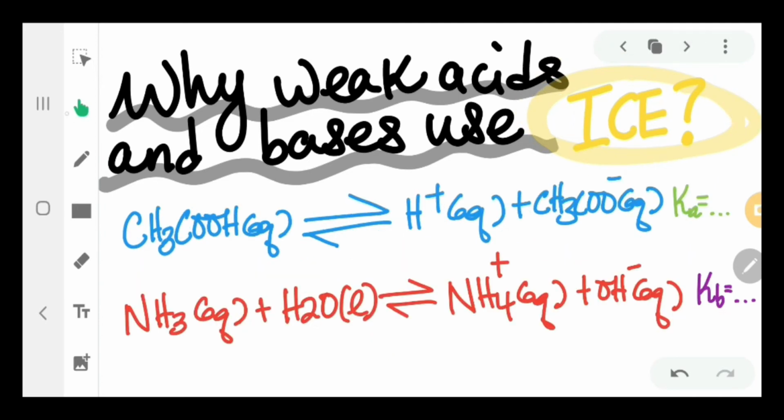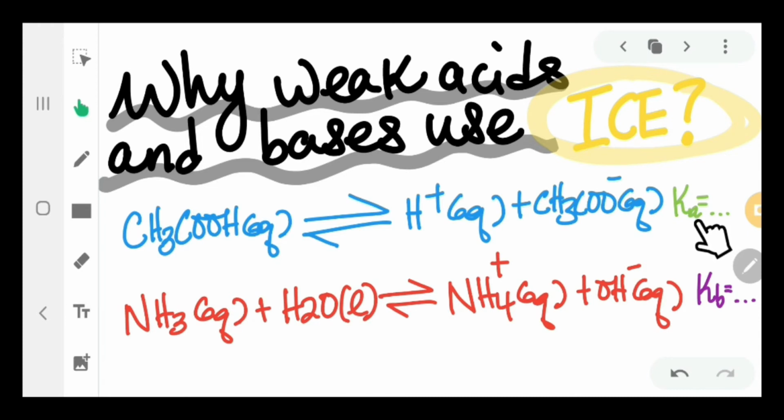Now, when you look at the example here, you have this weak acid partially dissociated in aqueous solution, so it will exist at equilibrium. And when they have equilibrium, they will have a K value. But instead of writing Kc, we're going to write Ka.